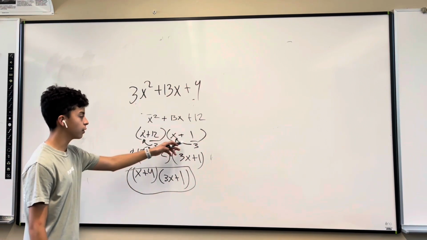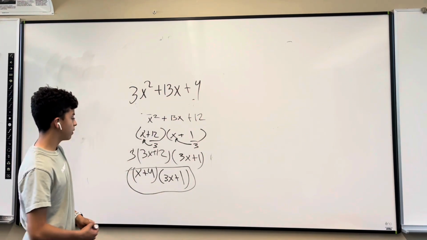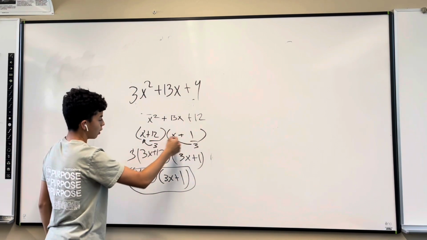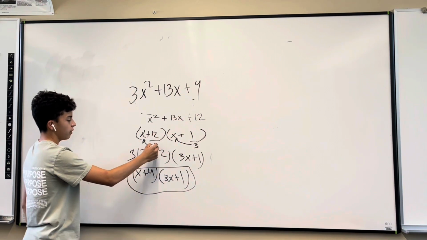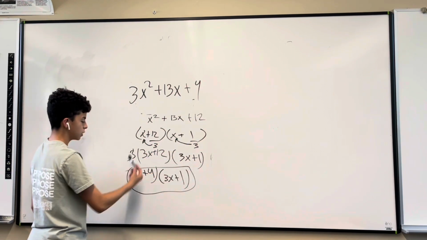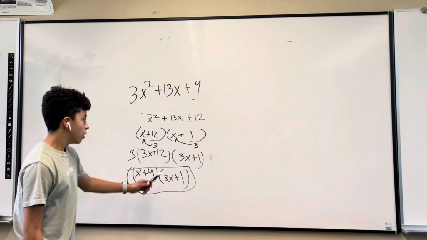You do that really quick, and then you put a fraction on the p and the q. And then you just move that number to the x, so 3x plus 12, 3x plus 1. Simplify, factor out the 3, x plus 4, 3x plus 1. So that's what we did there.